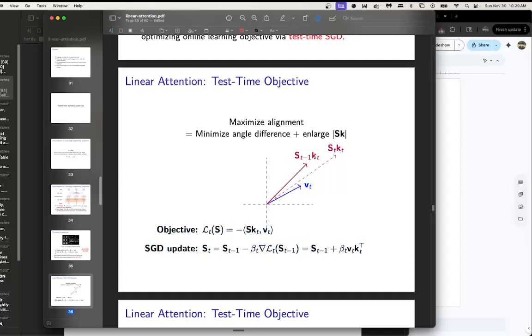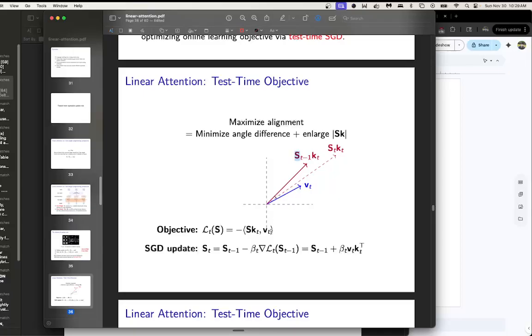And basically, there are two ways that you can potentially maximize the alignment between your predicted projection and the value that you actually, quote unquote, want. One is by minimizing the angle between them, and one is by enlarging the magnitude of the vector that you get from the projection.